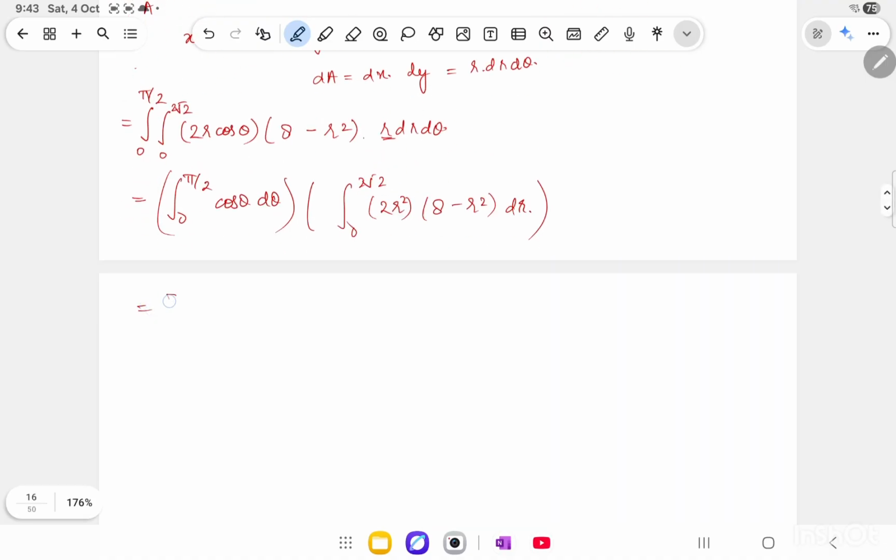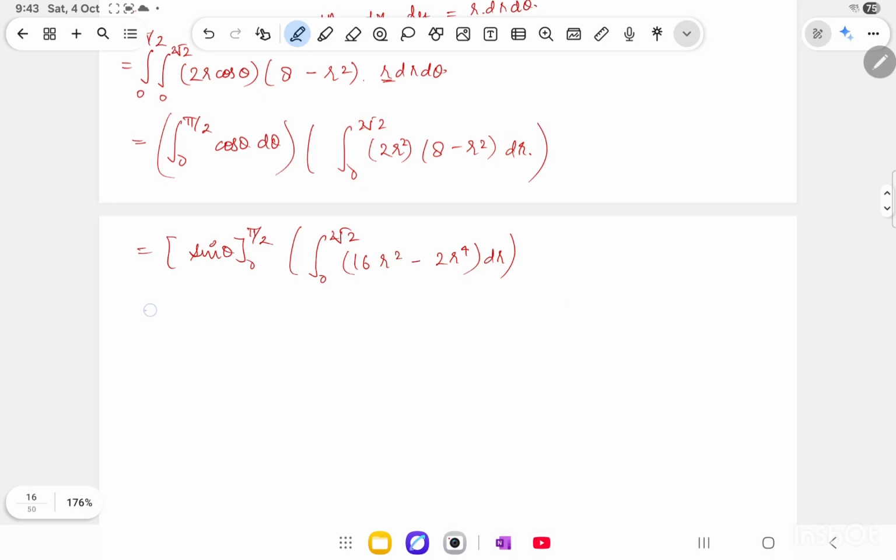Now this simplifies to sin theta, where theta varies from 0 to pi by 2, times the integration from 0 to 2 root 2 of 16 r square minus 2 r raised to 4, dr. This first term equals 1 because sin pi by 2 is 1 and sin 0 is 0. So it is 1 times 16 r cube by 3 minus 2 r raised to 5 by 5, where r varies from 0 to 2 root 2.